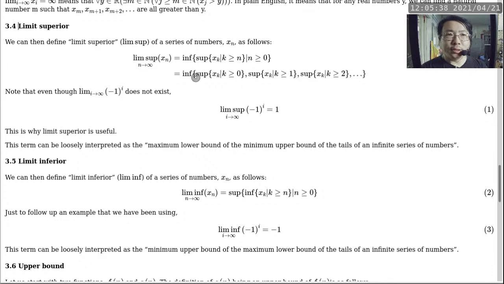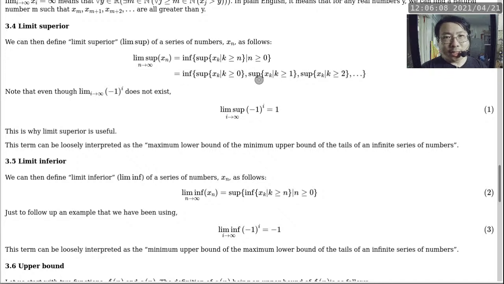So the next line is just an expanded version of what is displayed here. It is basically saying we are taking the supremum of x_k where k is greater than or equal to 0, and then the next one is when k is greater than or equal to 1, and then when k is greater than or equal to 2. And then we take all of these suprema. There's an infinite number of these, and then we take the infimum of the set of all of the suprema.